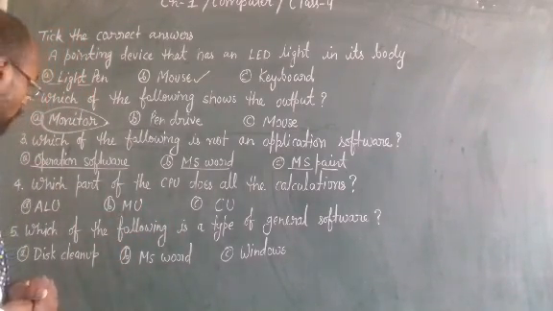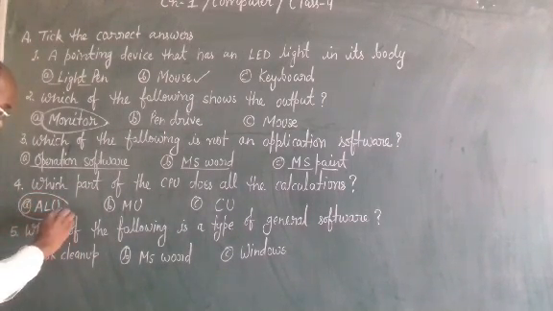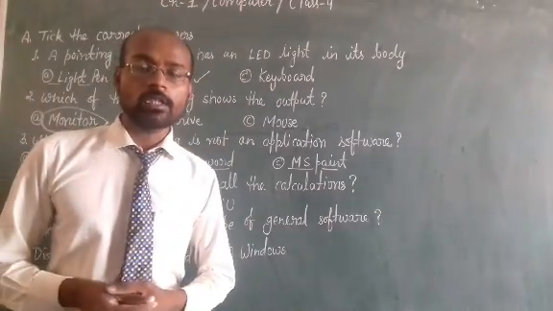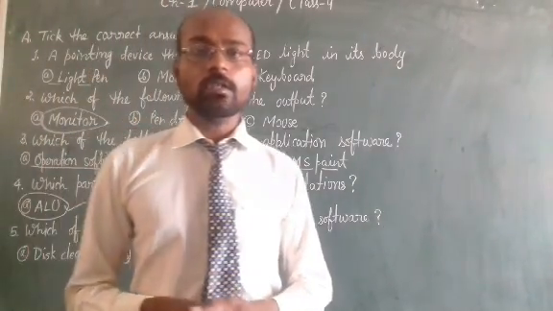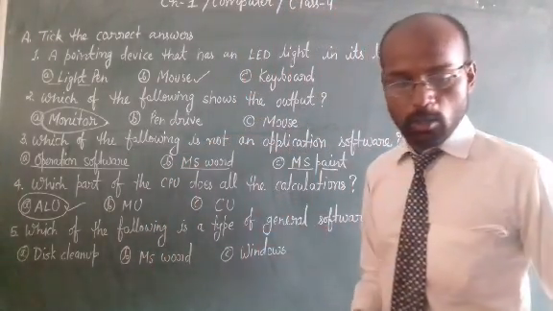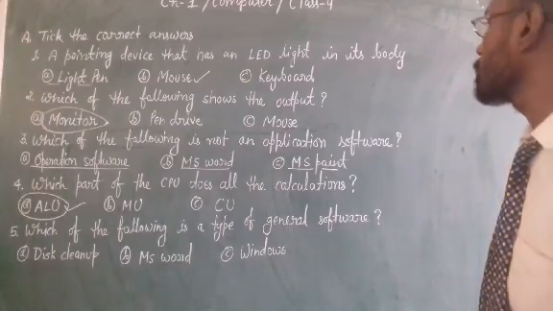Okay. So students, option number A is the right answer. ALU, arithmetic logical unit, does all the calculation in our computer system. Okay, students, ALU stands for arithmetic logical unit.